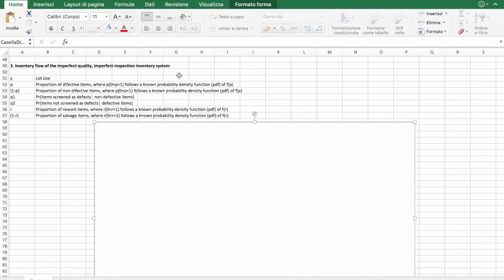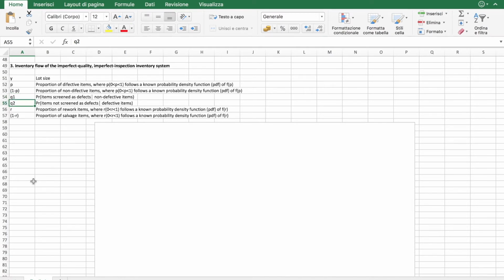First of all, let's take a look at all the variables that are involved in this model. Y represents the lot size. P is the proportion of defective items, where P assumes a value between 0 and 1 and follows a known probability density function. 1 minus P is the proportion of non-defective items. Q1 is the proportion of items screened as defective, however are non-defective items.